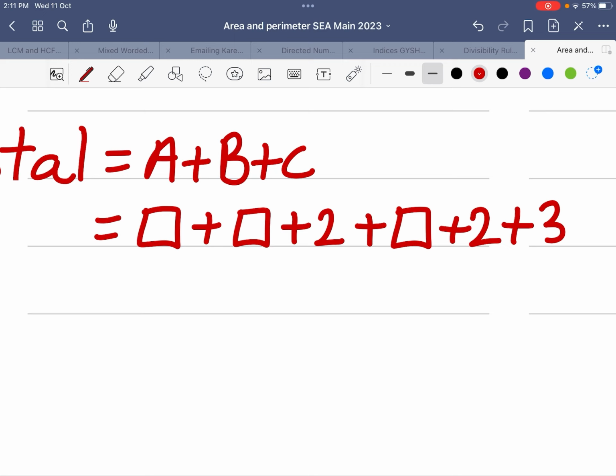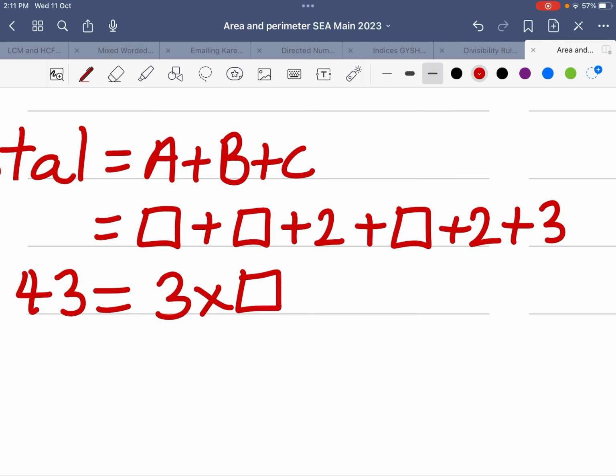So if we add the boxes together, we will get 1, 2, 3 boxes. So the total, which is 43, is equal to 3 boxes, or 3 times box, plus 2 is 4, plus 3 is 7. So that's 3 boxes plus 7.